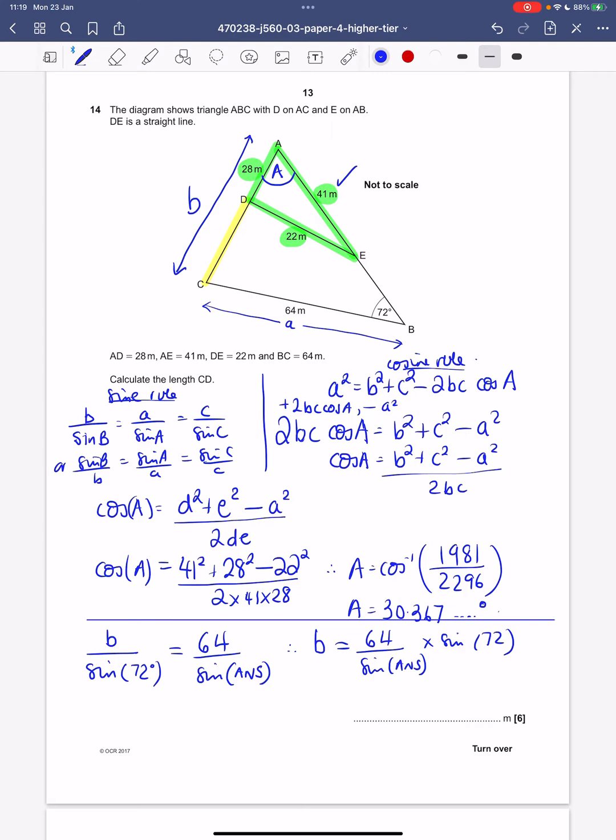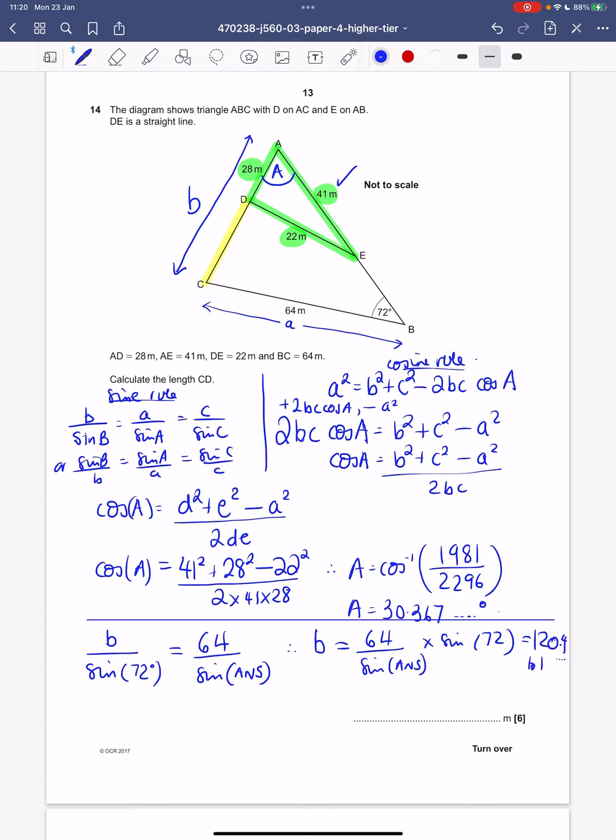I'm going to do that now on my calculator. So 64 divided by sine answer, close bracket, times sine 72, close bracket. b is 120.4 metres.